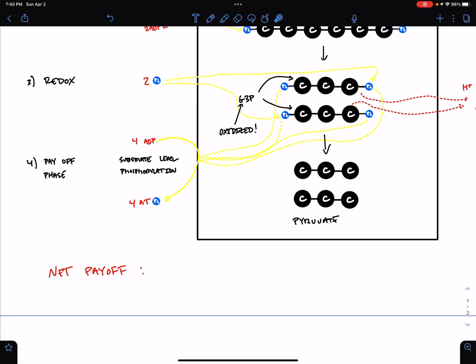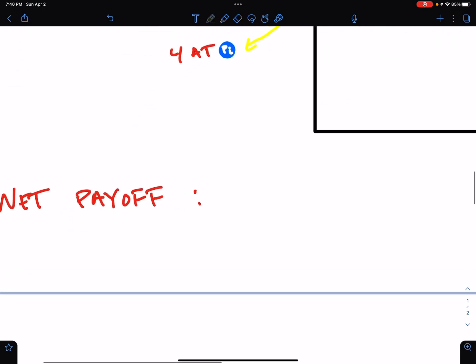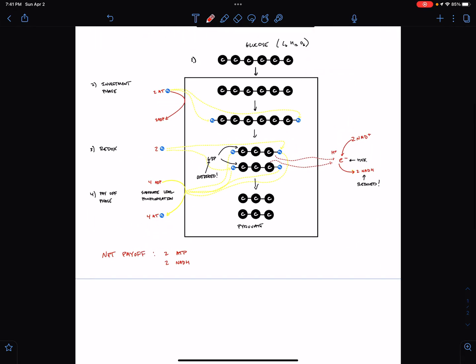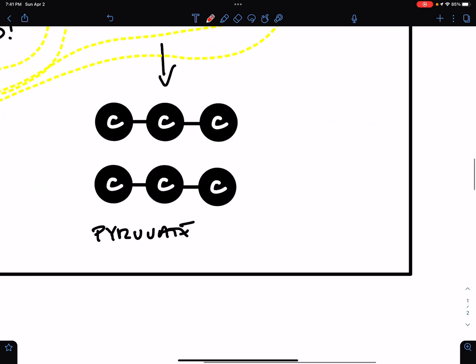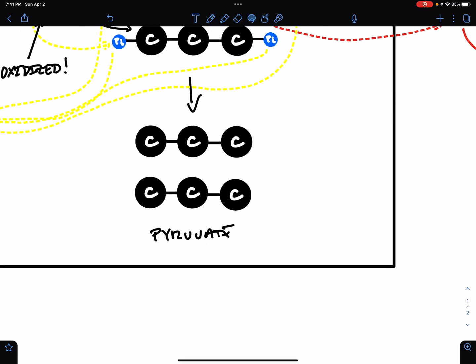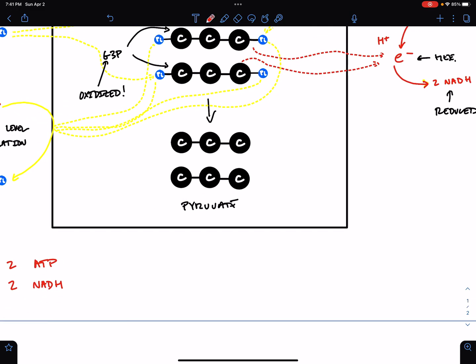So the net payoff from glycolysis is 2 ATP and 2 NADH. And that's it. Out of this process comes a 3-carbon compound called pyruvate. And pyruvate has a forked path here.